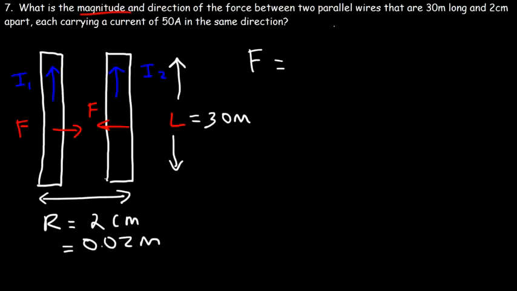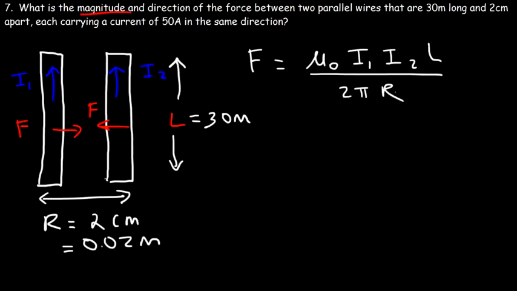F is equal to mu 0 times I1 times I2 times L, which is the length of the wires, divided by 2 pi times r.